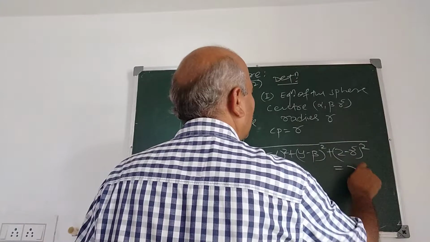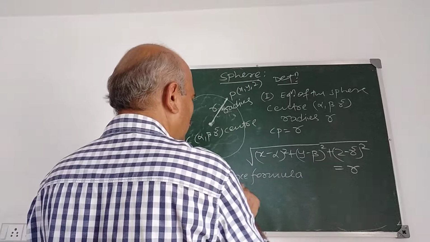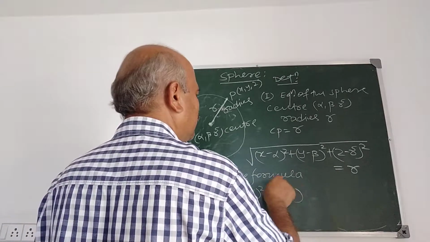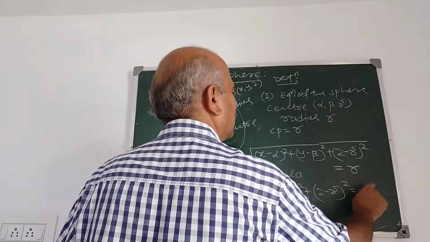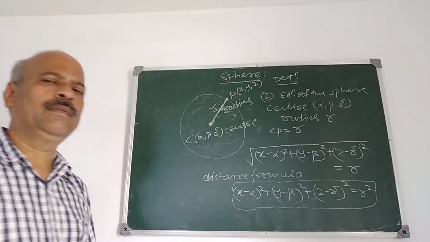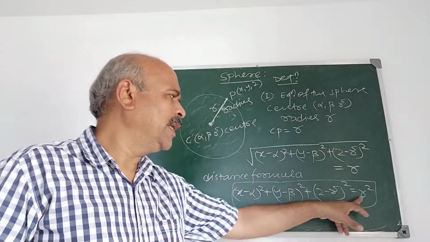It is equal to r by the distance formula. Squaring, we get x minus alpha square plus y minus beta square plus z minus gamma square is equal to r square. This is the equation of the sphere whose center is alpha, beta, gamma and radius is r.